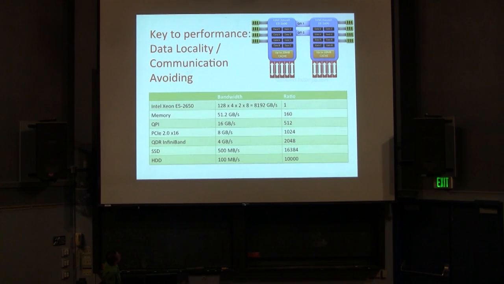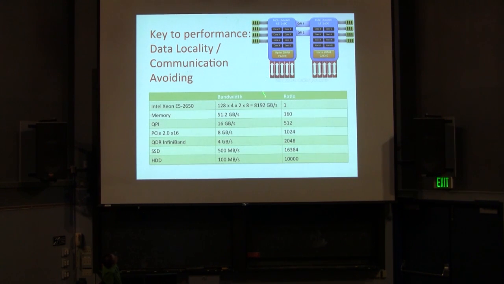So if your code is memory bound, so for every calculation you have to grab the data from memory, you'll be running 160 times slower, right?